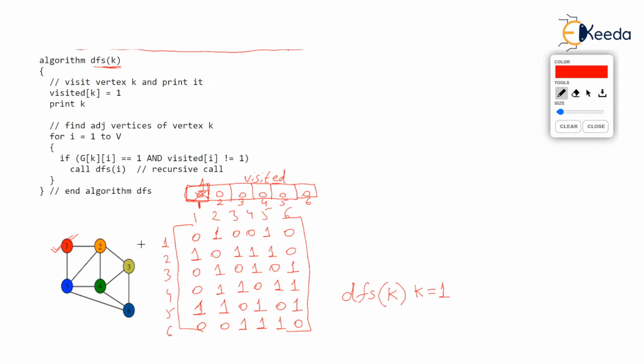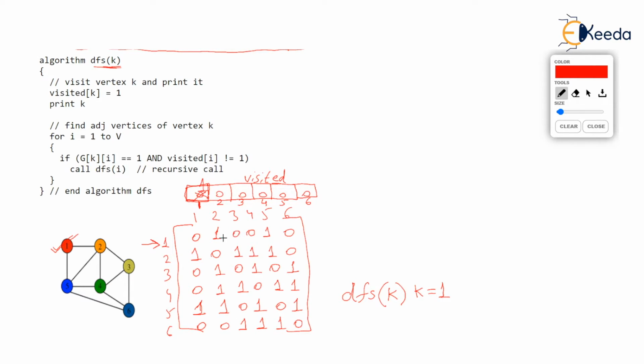It is so easy to see the adjacent vertices of 1. Just be in the first row because we want to know who are the adjacent vertices of 1. So in the first row, see column by column. Just see all the columns. And in whichever column you have 1 stored in that row, those column numbers indicate the vertices which are adjacent. So you just see the first row. In the first row, there is a 1 in the second column and there is a 1 in the fifth column.